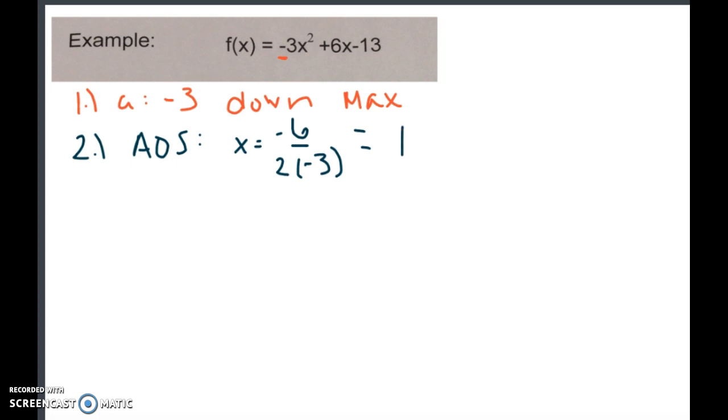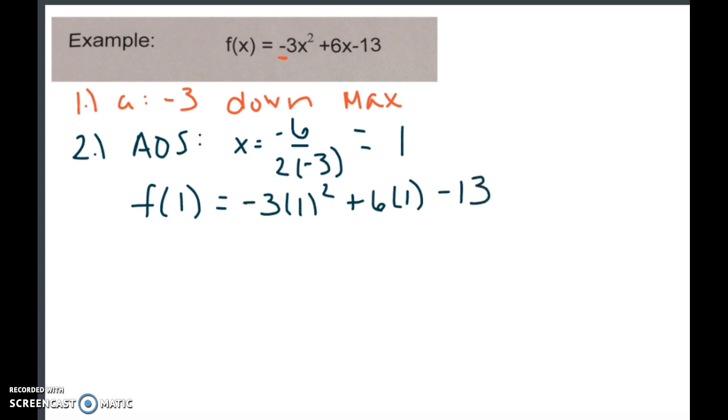I'm going to take that value and plug it into my function. So I've got -3 times 1 squared, plus 6 times 1, minus 13. That means I'm going to have -3 plus 6 minus 13, which gives me -10. So my vertex should be (1, -10).